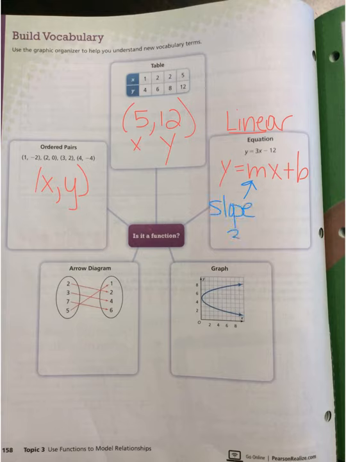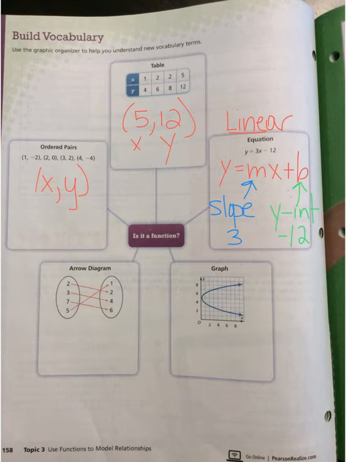In this example, my slope is 3. And the b is always your y-intercept. And in this example, your y-intercept is negative 12. So this is linear. We know this will make a straight line because it is in the form of y equals mx plus b.